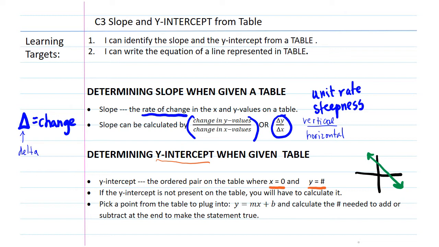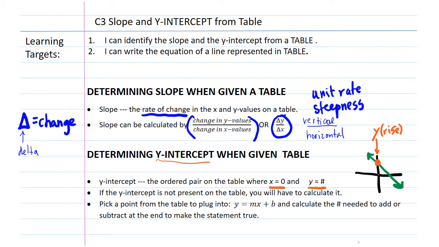The y-intercept is where the y-axis, the vertical axis, catches the line.